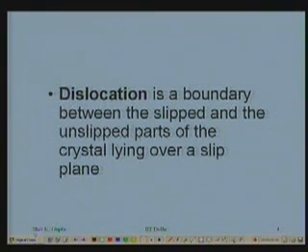And we saw yesterday that a dislocation is a boundary between the slip part and the unslipped part of the crystal lying over the slip plane. And also we saw the slip plane is the plane which contains the two vectors, the Burgers vector of the dislocation line and the dislocation line vector itself.